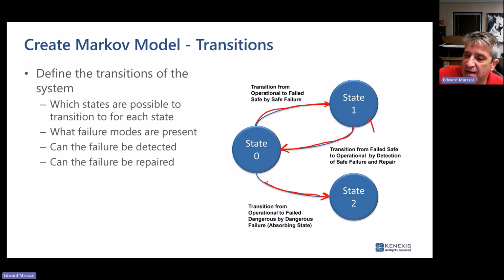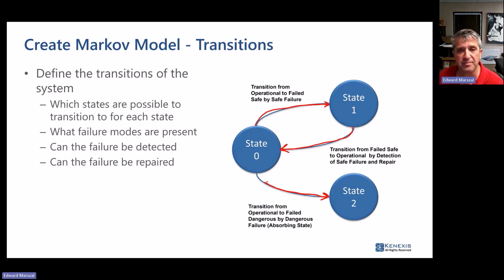This is a transition that is not modeled in anyone's Markov models. But in reality, there's a probability that you can go from dangerous undetected to safe failure. Lots of crazy things to think about, but what we're looking at on the screen here is your typical 1 out of 1, no diagnostics type of situation.